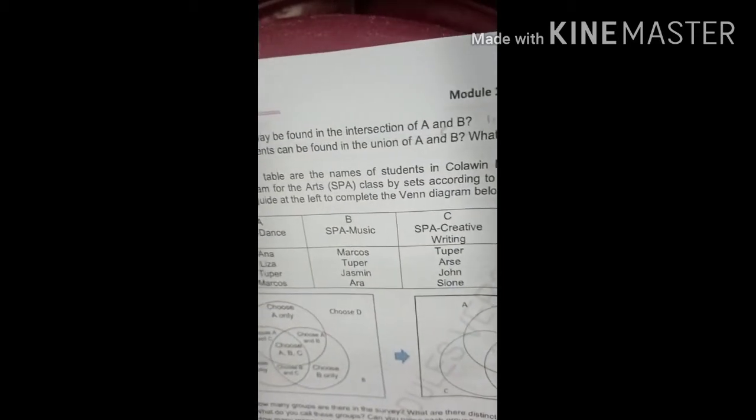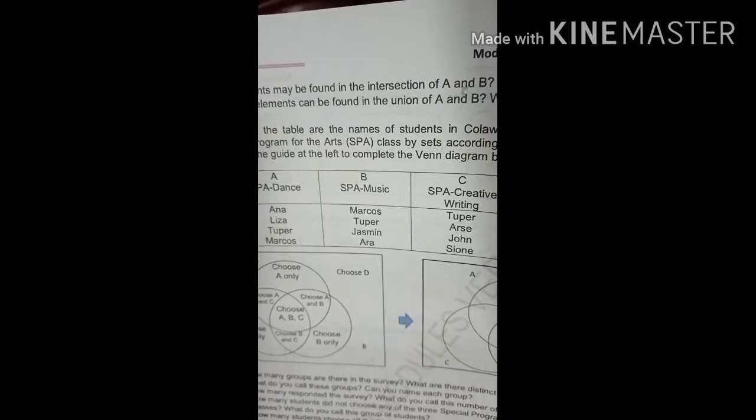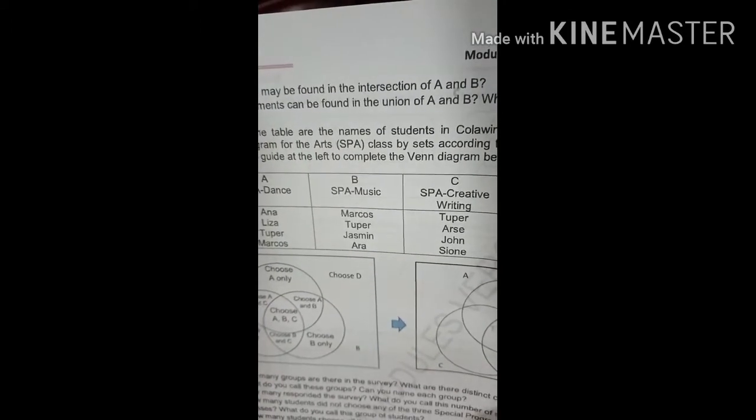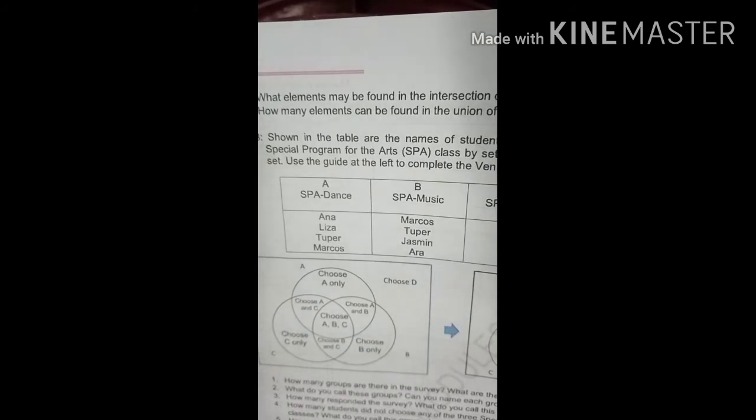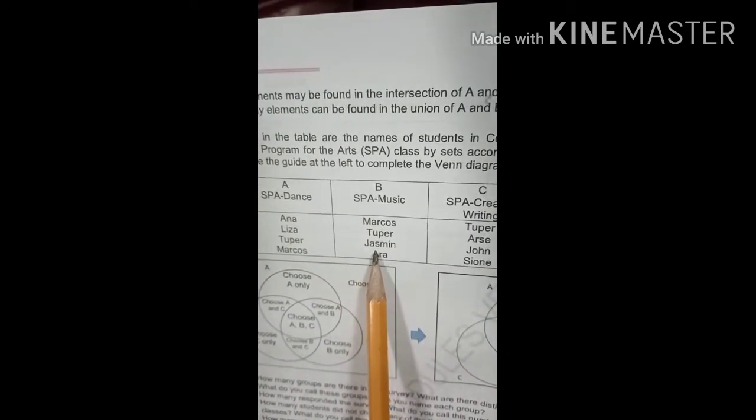Okay. The next is set A. So how will you write set A? Or shall we say A and B? So A and B. What are common to A and B? So Anna, Lisa, Tuper, Marcos. Marcos, Tuper, Jasmine.